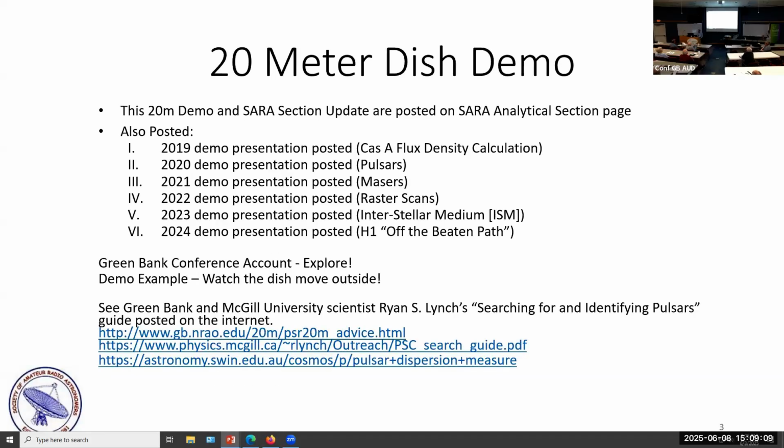There's a series of different presentations on the 20-meter. Optical astronomy has great organizations like the Astronomical League, but it's very hard for colorblind people who don't really see stars. So I started here on the SARA analytical page.